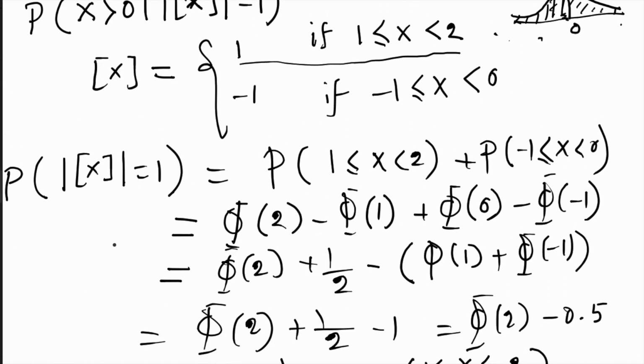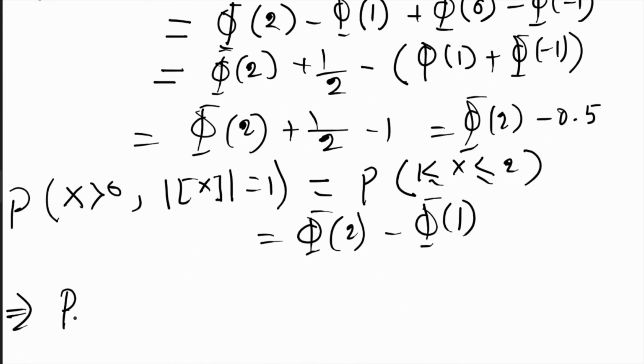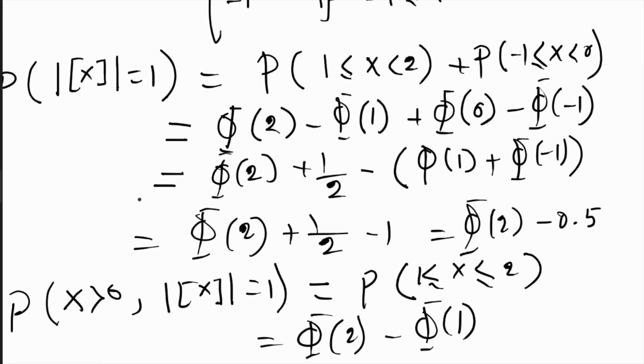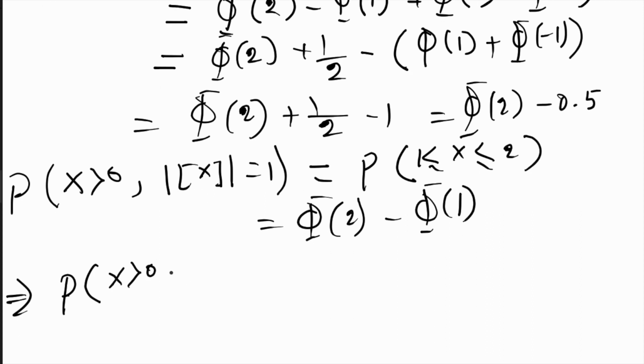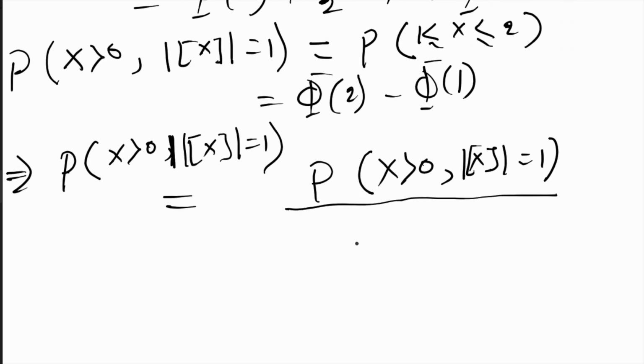Let me use Bayes theorem, or conditional probability, apply the rule of conditional probability. So this is nothing but the probability x greater than 0, equal to 1, divided by the probability of this equal to 1.